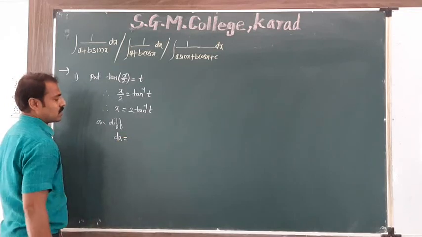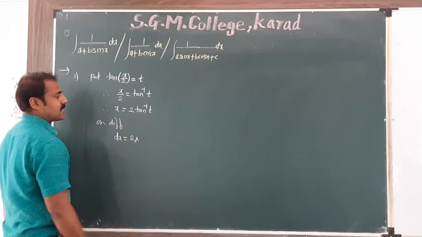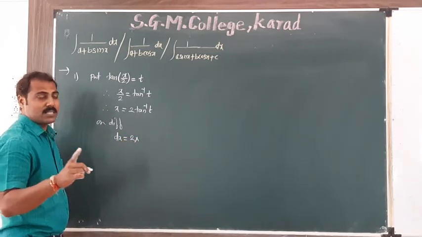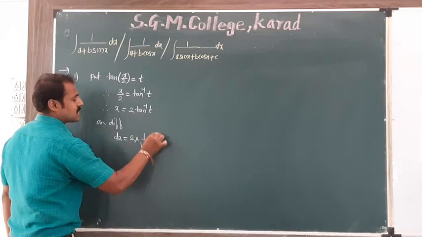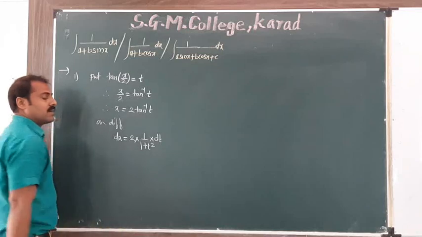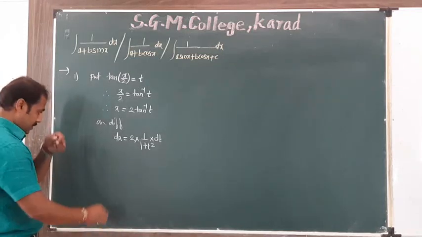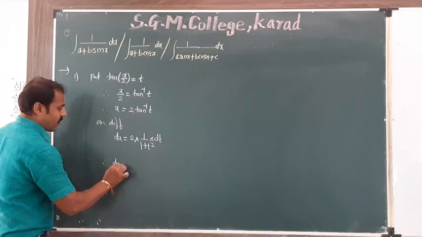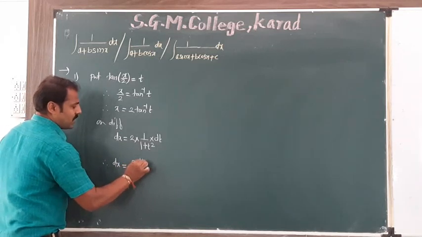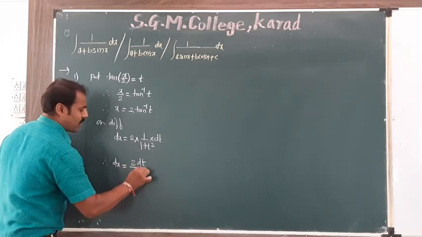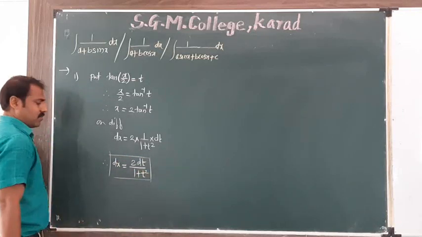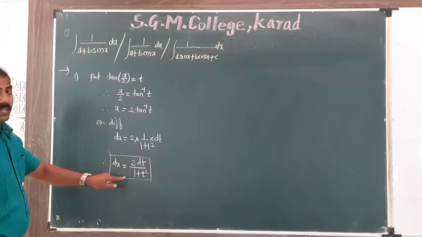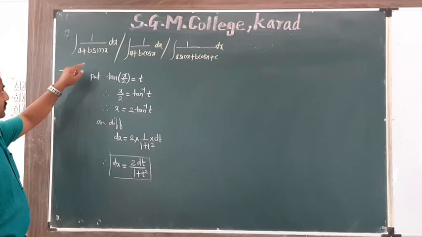So dx is equal to 2, constant as it is, into derivative of tan inverse t, which is 1 upon 1 plus t square. Since it is differentiated with respect to t, multiply it by dt. So here is the value of dx: 2 dt divided by 1 plus t square. Remember this value only. dx is equal to 2 dt divided by 1 plus t square.